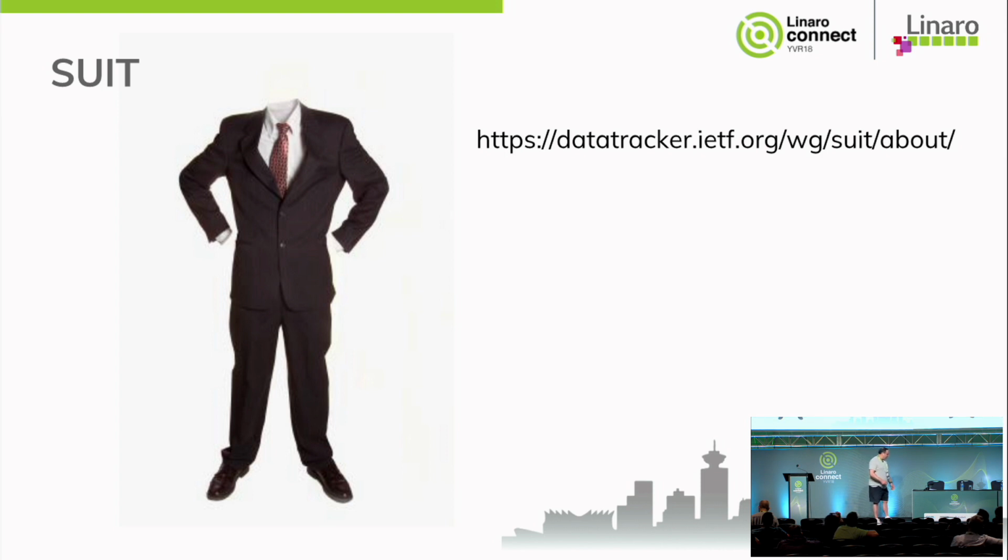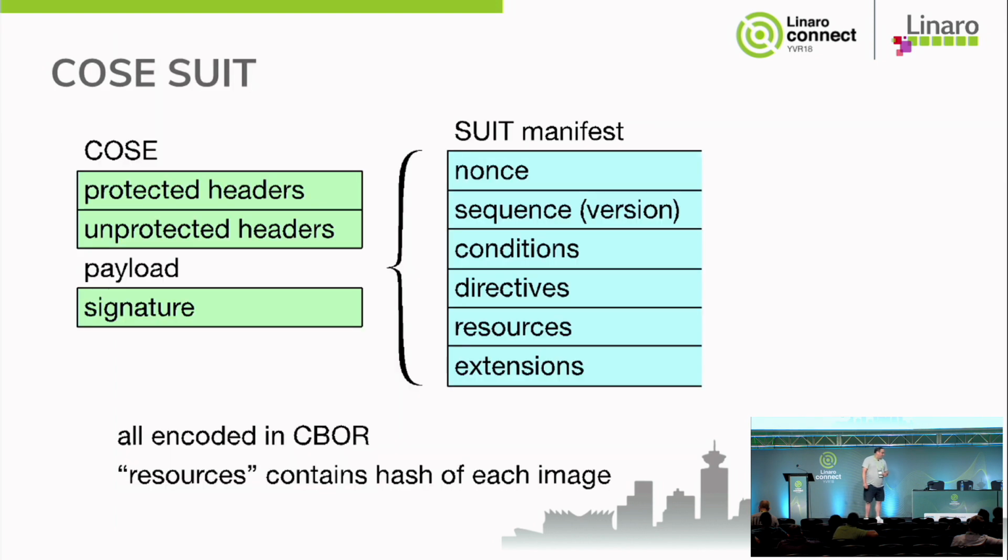And this is a project to basically describe how this manifest should be encoded. There's a lot of documents with threat models, architecture, that kind of thing. But for the most part, it's about the manifest. MCUboot currently has its own approach, and so does Suit.